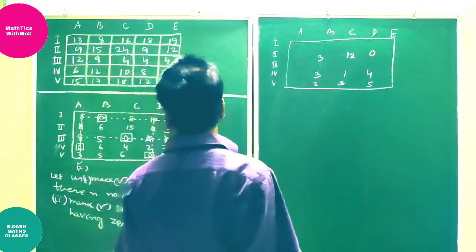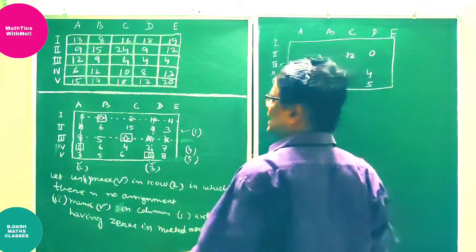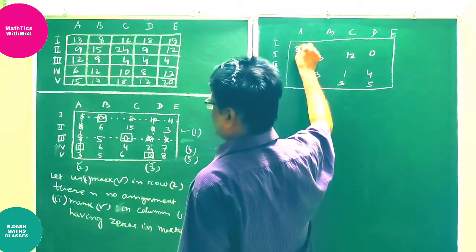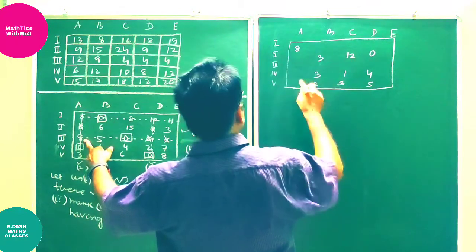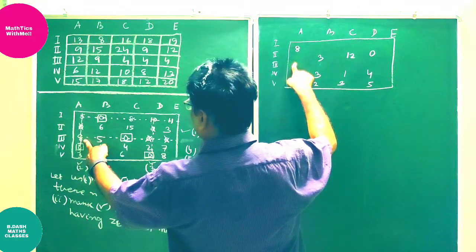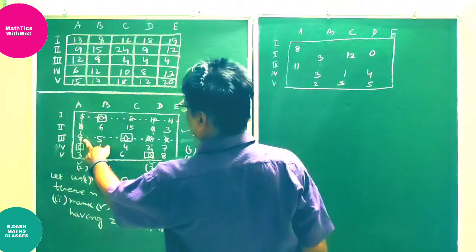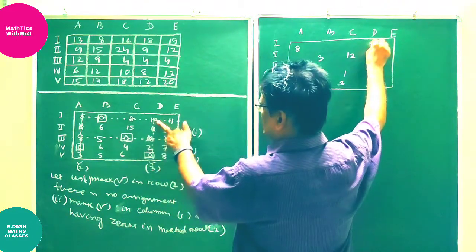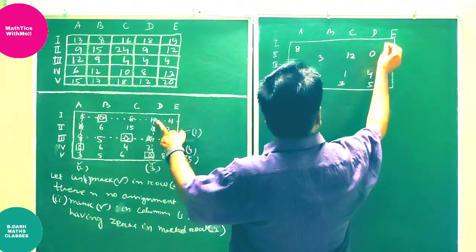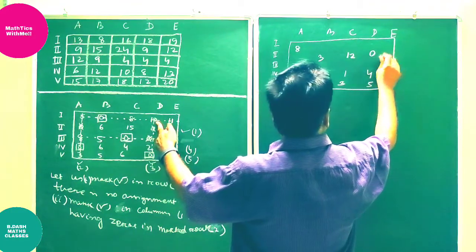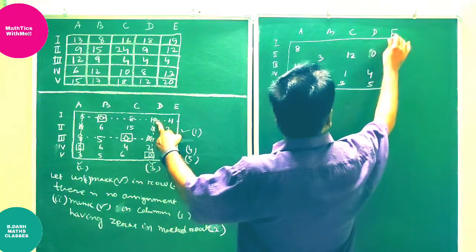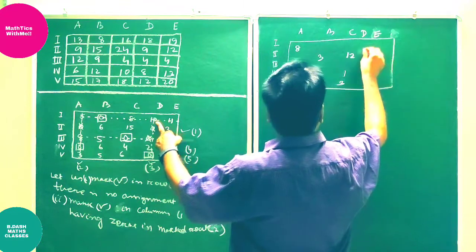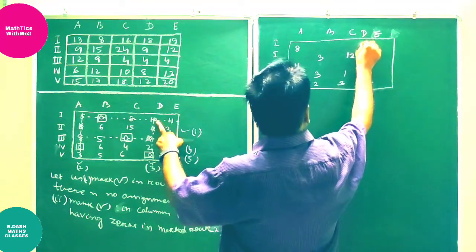Now we have to add 3 where the lines have intersection. So here it will be 8. Then in third, it will be 11 plus 3, 8 plus 3. So here it will be 13.